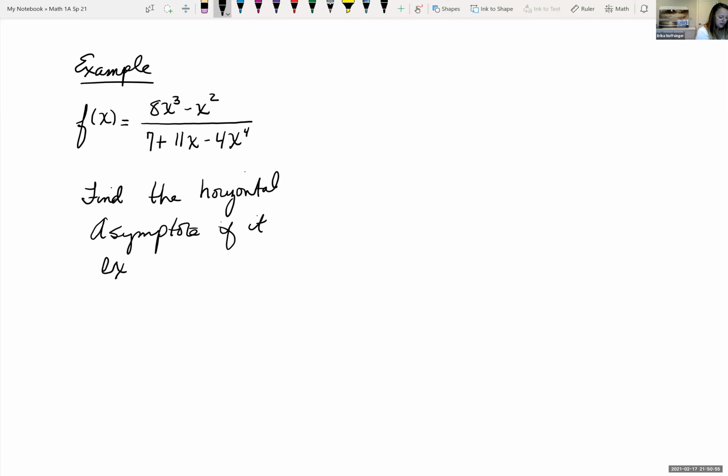So one way we can do it is what we had done in algebra. And we looked at the degree of the numerator and degree of denominator. So degree of the numerator was the largest power, which is 3. And then we looked at the degree of the denominator. So the largest power of our variable here is 4.